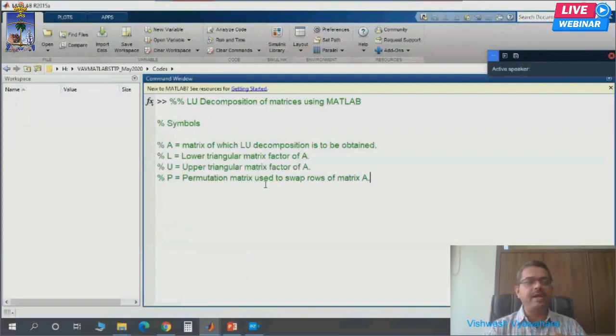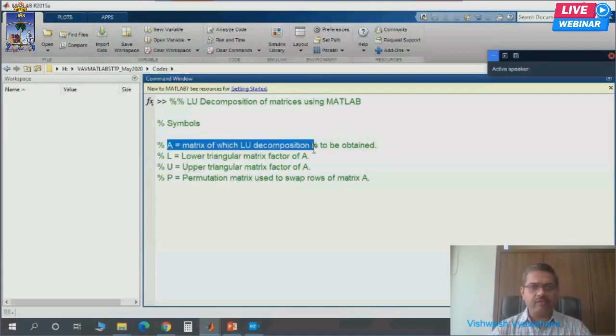The matrix is divided into a lower triangular matrix and an upper triangular matrix. So for any matrix A, this is how we get the lower triangular matrix and upper triangular matrix.